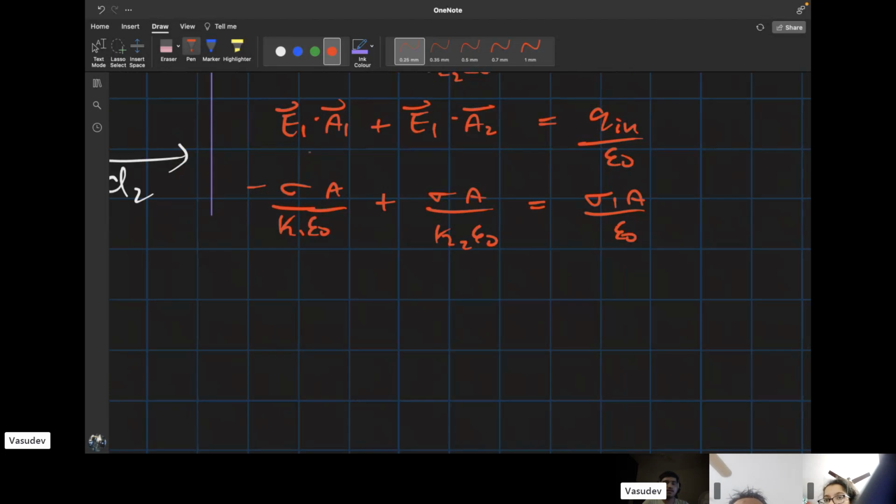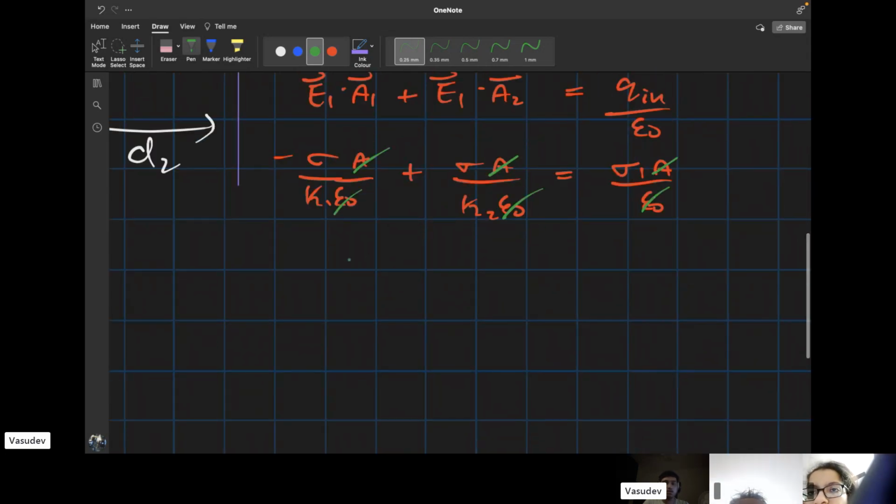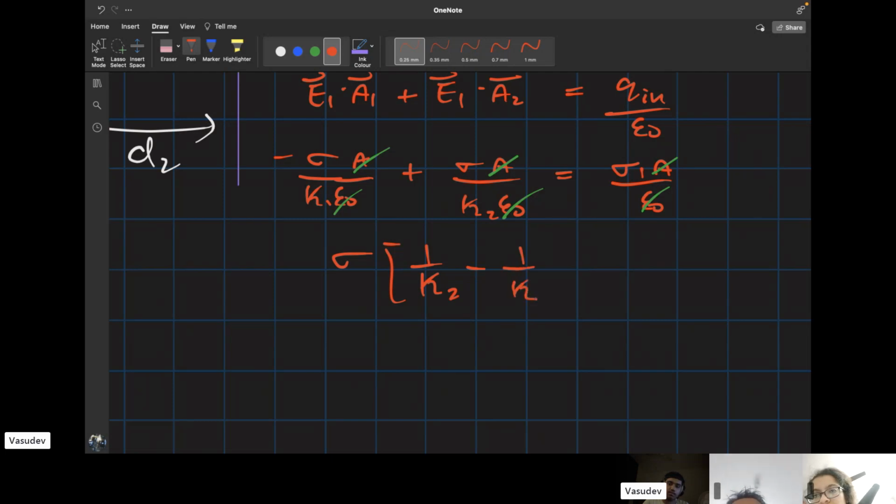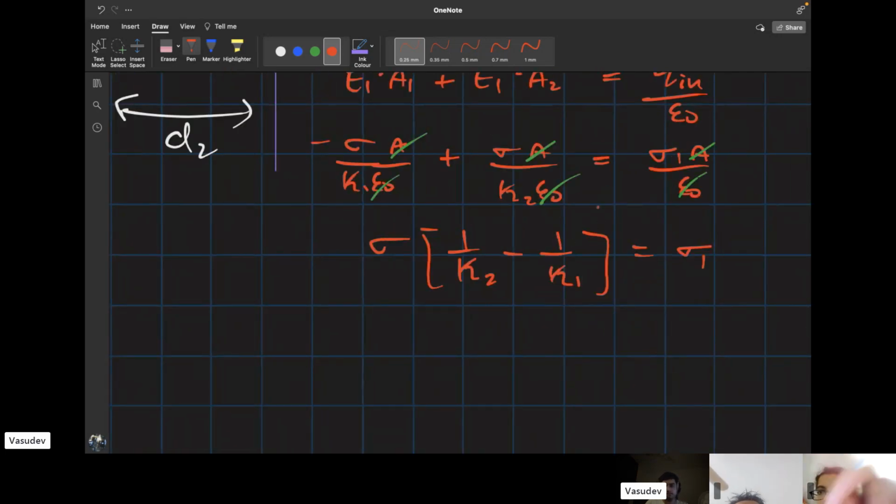Now we can just go on the cancellation spree. The A's go, the epsilon naughts go. So that leaves us with sigma, we can take a sigma common. We get 1 by kappa 2 minus 1 by kappa 1, all of that equal to sigma 1.